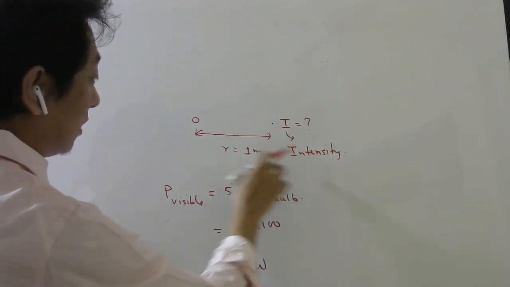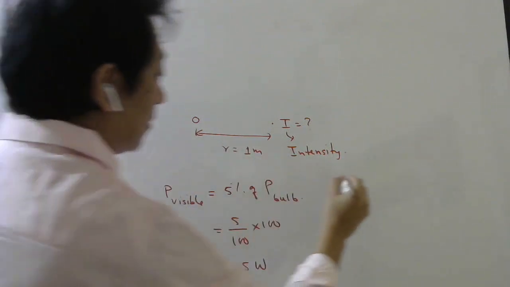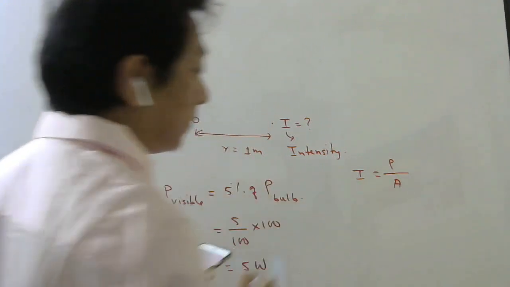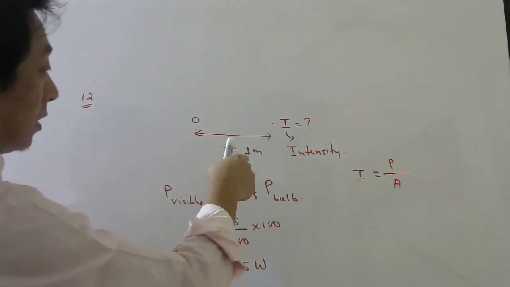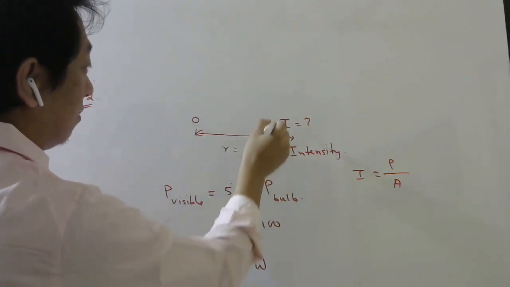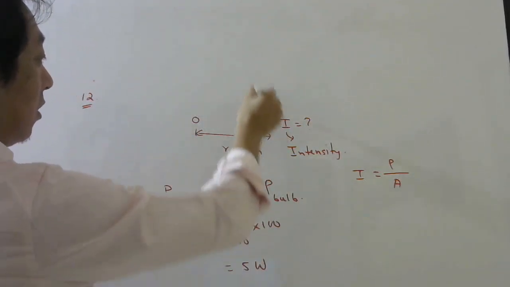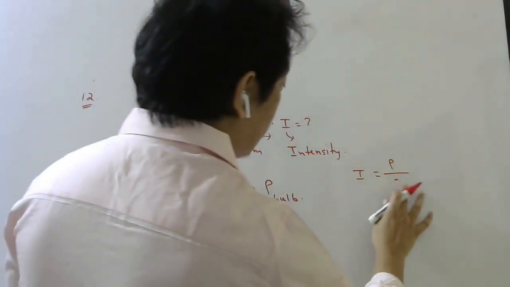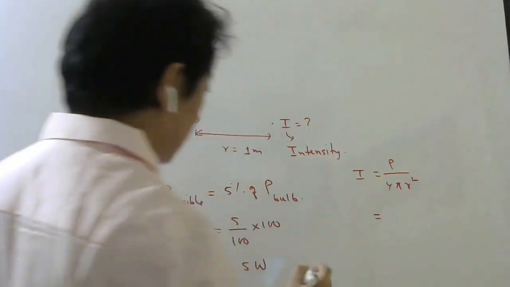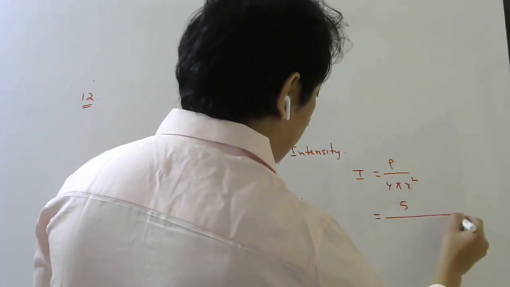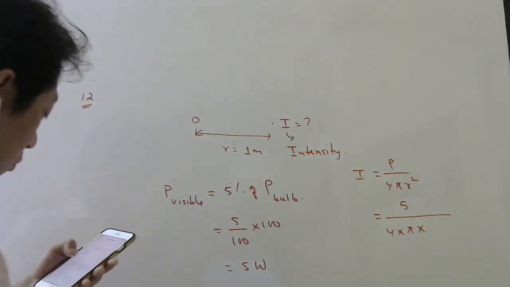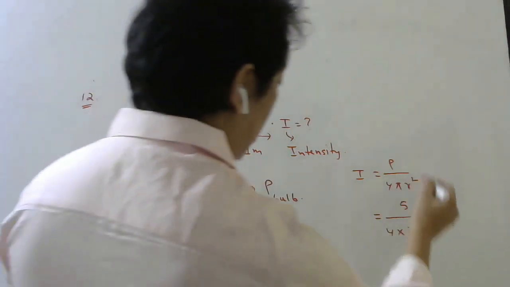Now intensity at a distance of 1 meter will be power divided by area. The area in which the power will spread after it travels 1 meter is a sphere of radius r, so area will be 4 pi r square. So this is 5, this is 4 pi. Radius is 1, so 1 square will be 1 only.